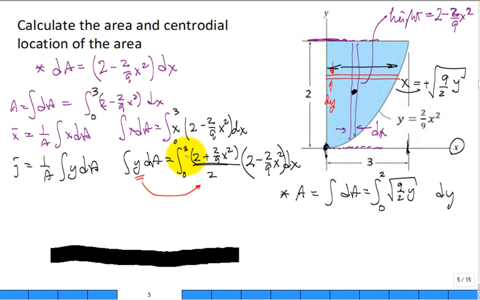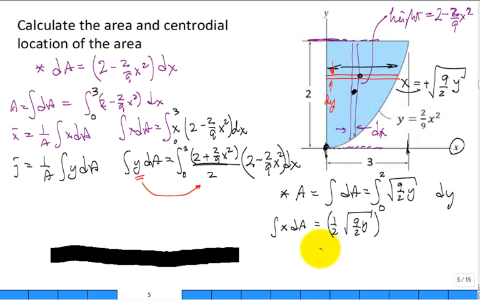You can do the same thing to calculate the x bar and the y bar. You want to do the integral of x dA. If you use that vertical strip, I have to think about what is the centroidal x for that vertical strip. And that'll be the integral of 1/2 of the square root of 9/2 y, end of square root.